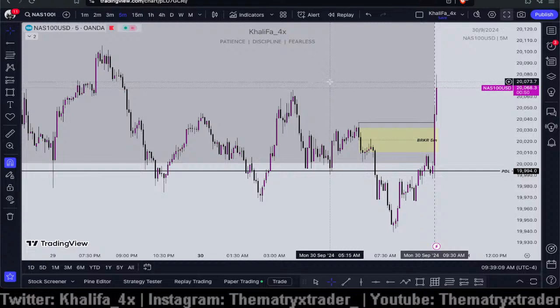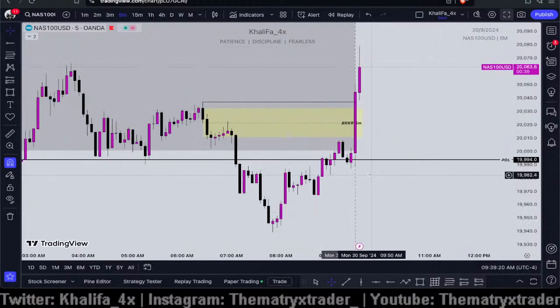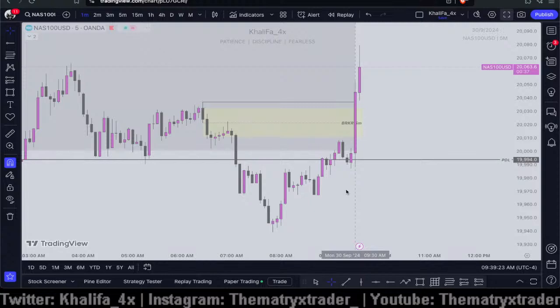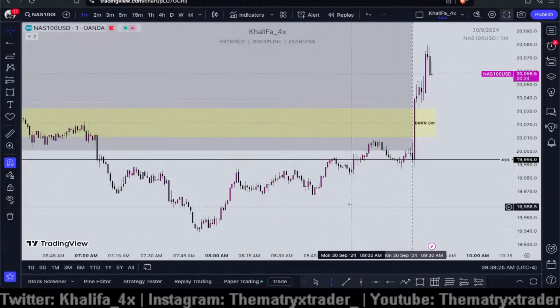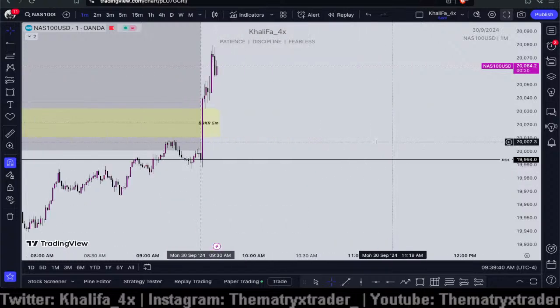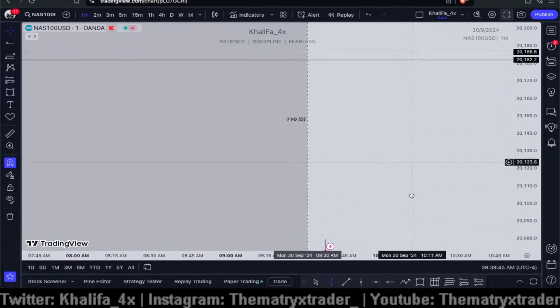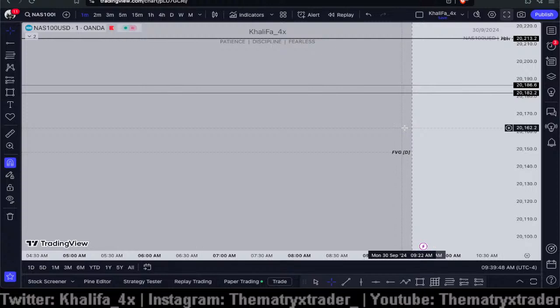I don't think it's going to close here, since this is a complete buy model. This is the only reason I'm expecting price to reach till this fair value gap.